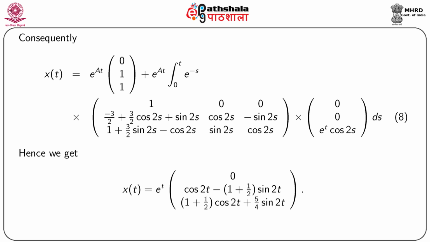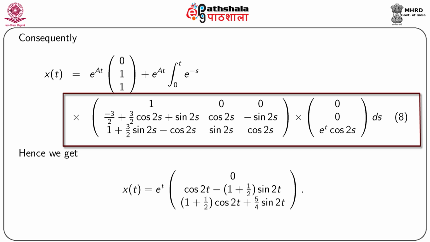And consequently, x(t) is written as e to the power At times (0, 1, 1) plus e to the power At integral from 0 to t of e to the power -s multiplied by the matrix (1, 0, 0), (-3/2 + 3/2 cos 2s + sin 2s, cos 2s - sin 2s, 1 + 3/2 sin 2s - cos 2s, sin 2s, cos 2s) multiplied by the column matrix (0, 0, e to the power s cos 2s) ds.